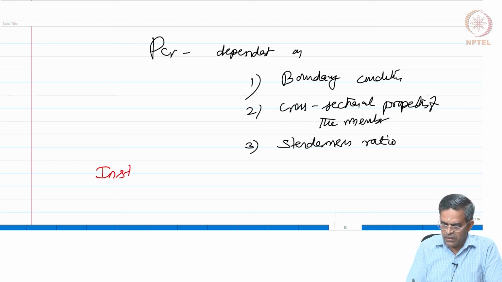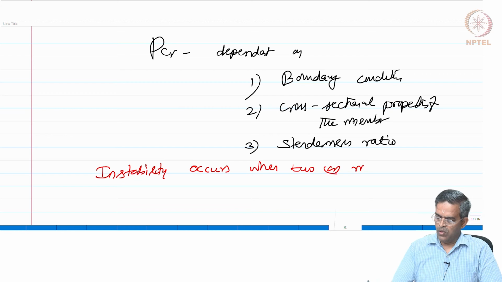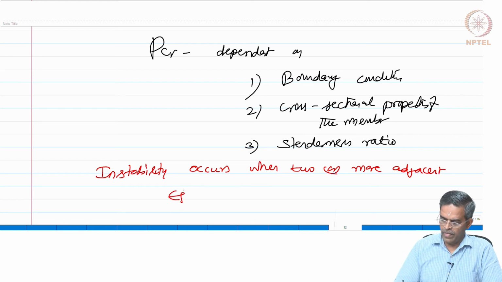Furthermore, instability occurs when two or more adjacent equilibrium positions correspond to different mode shapes.